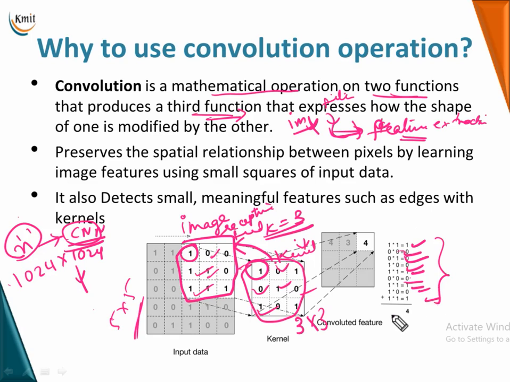Once you have that, the cumulative sum is 4. So this entire 3 by 3 patch of pixels is replaced by 1 pixel with a value of 4, without harming the information present inside this image. So 9 pixels are now replaced by 1.